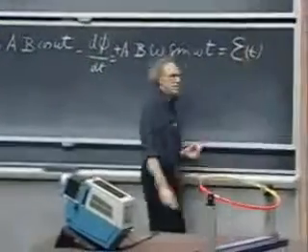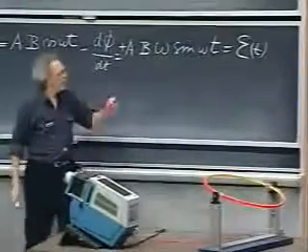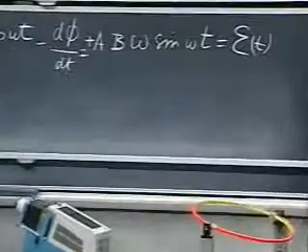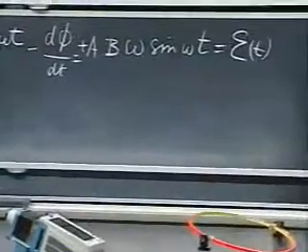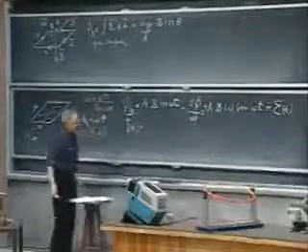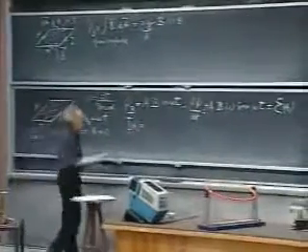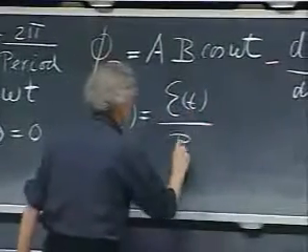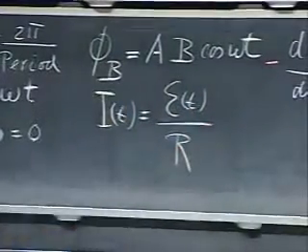and the EMF is changing with time, because you have this sine omega t in here. And so the current that is going to flow, the induced current, which will also be time dependent, is the EMF divided by the resistance in the loop. And this is the total resistance of that entire network.